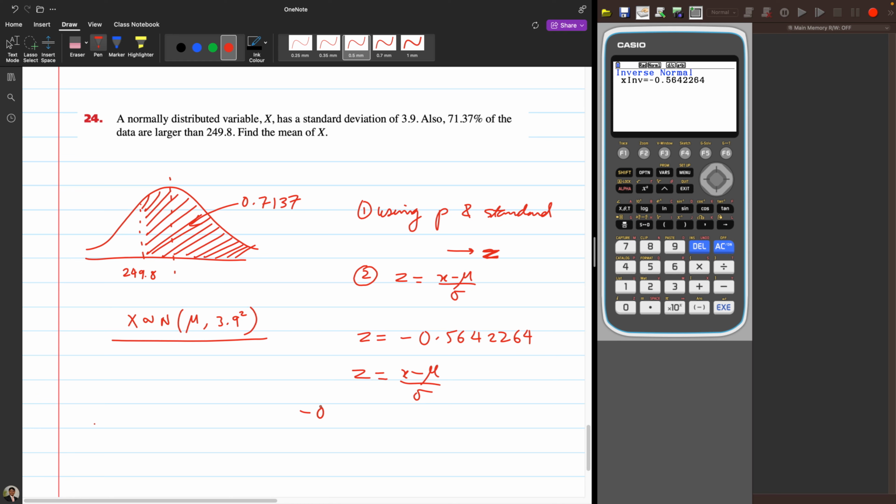Minus 0.564264 equals, corresponding to x, 249.8 minus mu, which we have to find, upon sigma 3.9. You will get mean as 252. So you have to know this method. It's better to just use this, use this one.